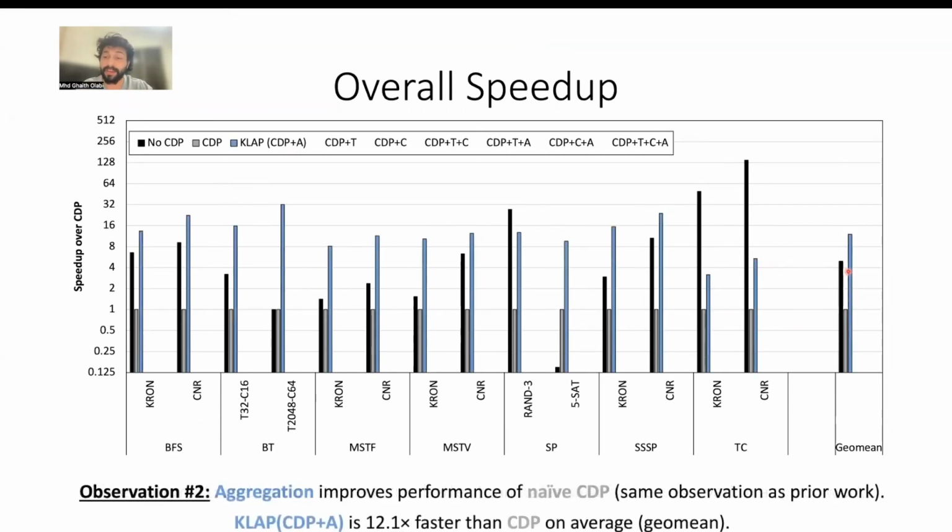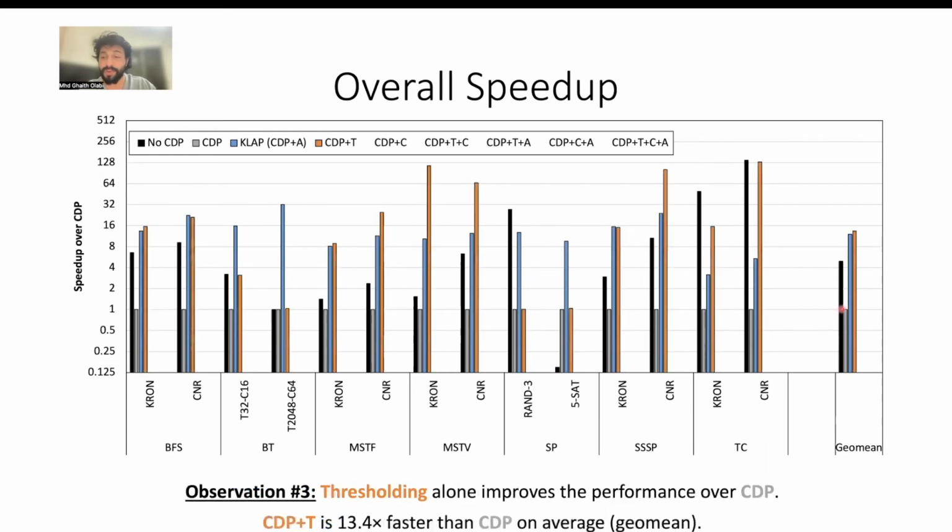If we apply aggregation, it also by itself improves the performance of CDP, which is again the same observation as prior work. So applying CDP plus aggregation is about 12.1 times faster than CDP on average per our evaluation.